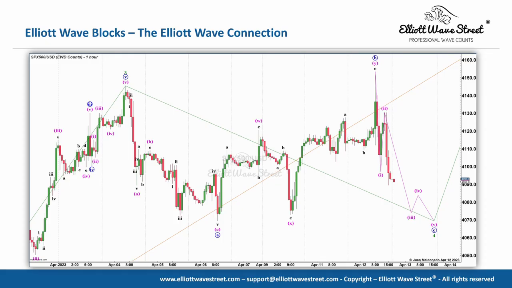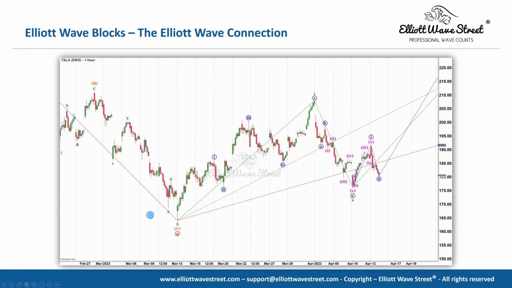Let's have a look at some examples on some stocks. All right, this is Tesla, hourly chart. So there are places where the price changes direction, where it doesn't make any sense.